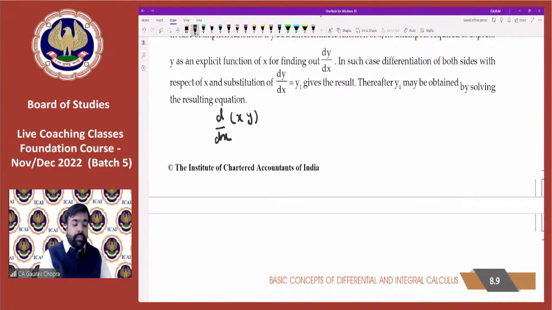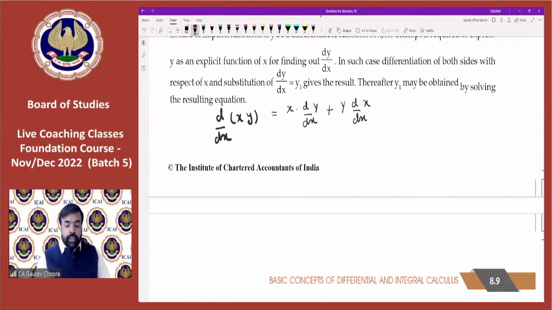So here we are having x multiplied by y. These are the two functions getting multiplied. So whenever two variables are getting multiplied, we have to apply product rule. So let's recall the product rule. x remains as it is, we have to find derivative of y, plus y remains as it is, we have to find derivative of x.